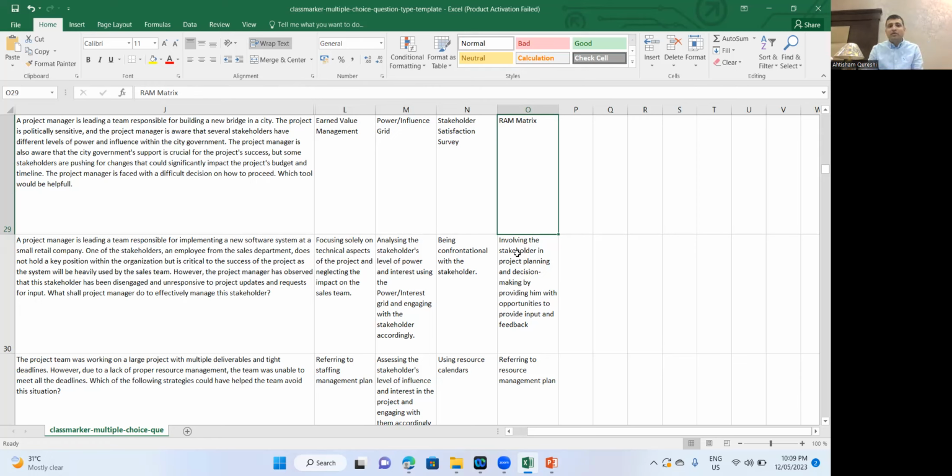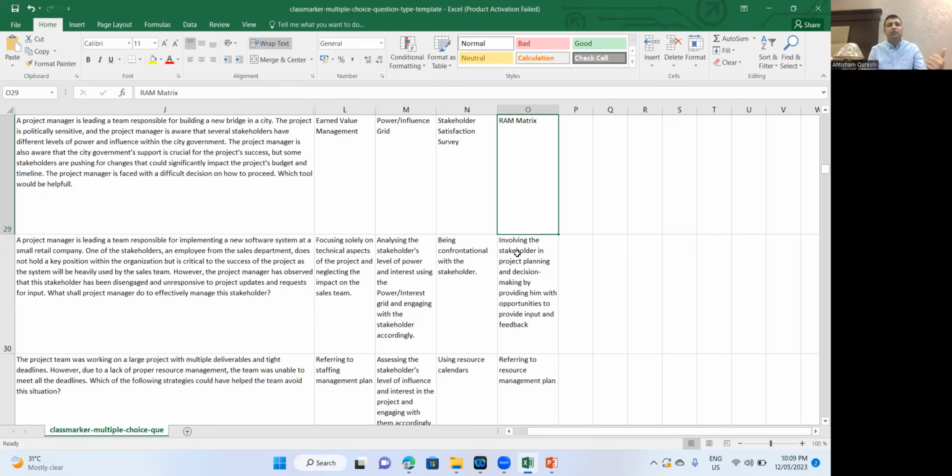Look guys, when you go for RAM matrix, what will you get to know? Let's say there are stakeholders A, B, C, D, and there are two, three activities or five activities.